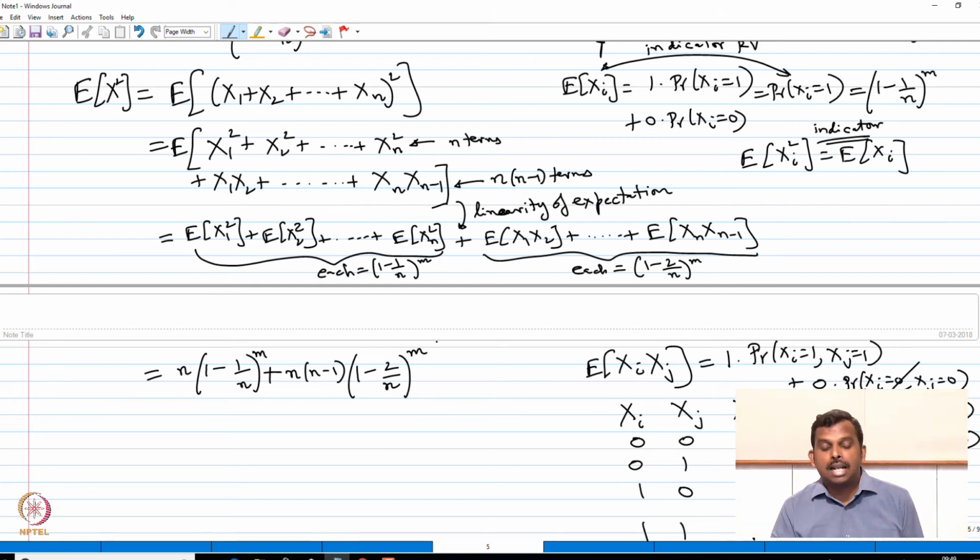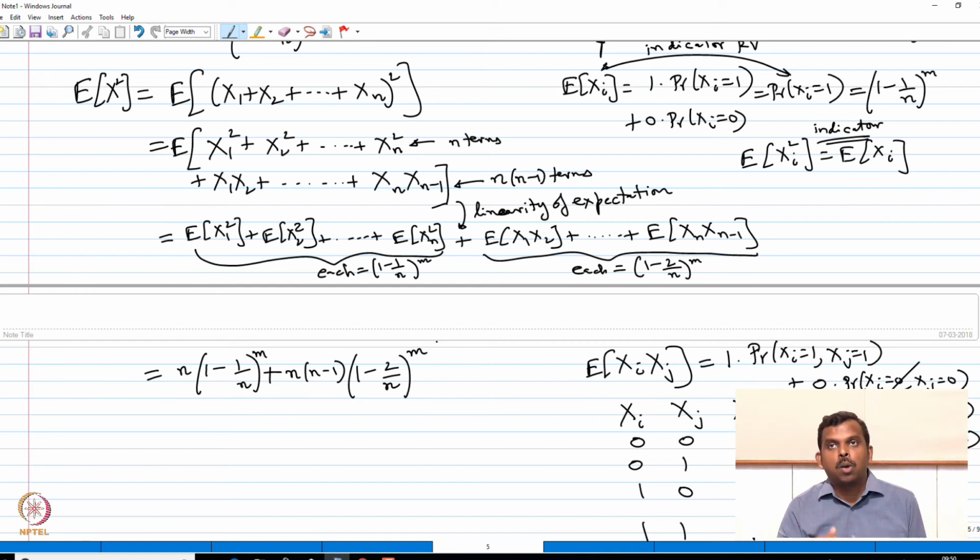Okay, so that's the little trick involved in this calculation. Main trick is linearity of expectation, and the fact that for indicator random variables the expectation is the same as the joint probability of both of them taking the value 1.